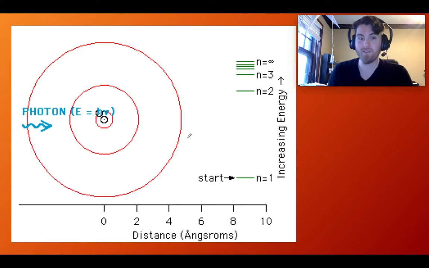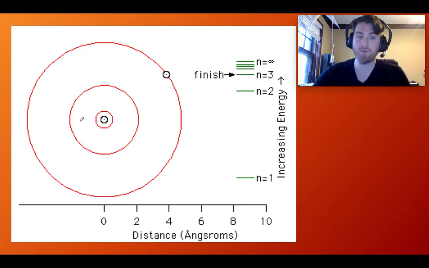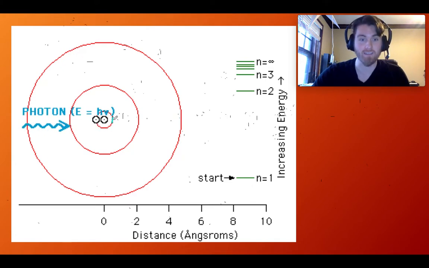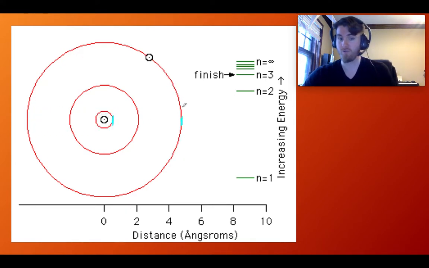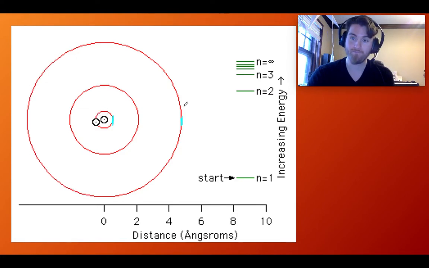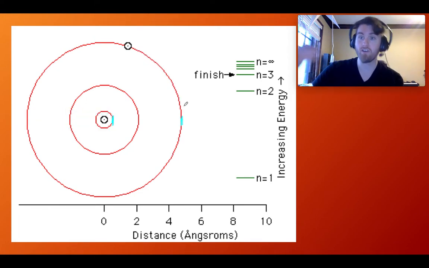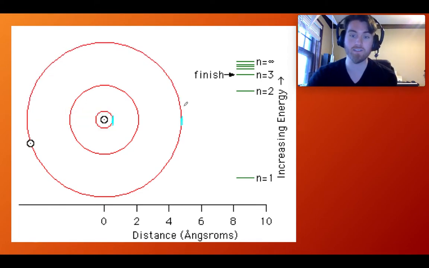Whenever an atom absorbs energy in the form of a photon, and a photon is just a particle of light, then it jumps from, say, the first energy level to the third energy level, and it increases in energy. So absorbing energy is dependent on it jumping between energy levels, and specific energies correlate to these jumps.